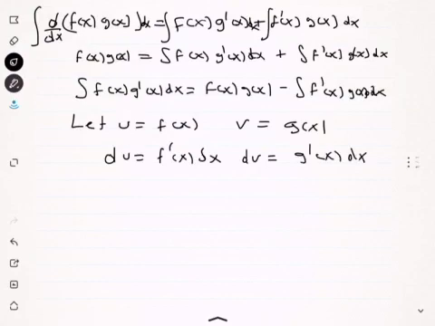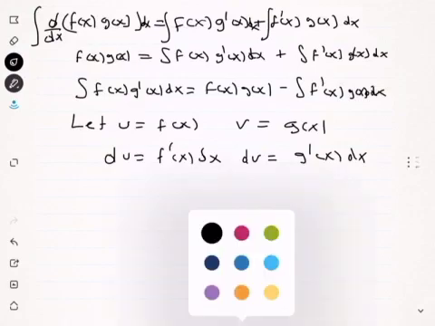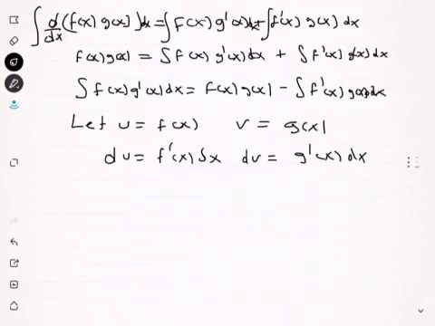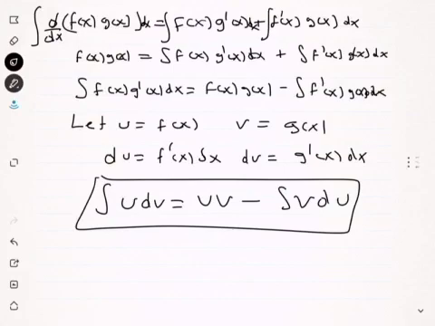So then plugging this into the previous equation, we have f, which is u dv, not v du, so it's a good thing that I checked. So u dv, and then this will be equal to uv minus the integral of v du. And this is the famous integration by parts formula that we're going to be using in the following examples.